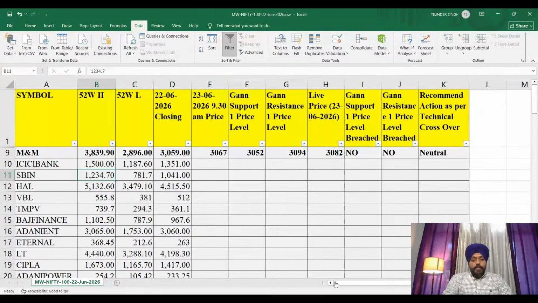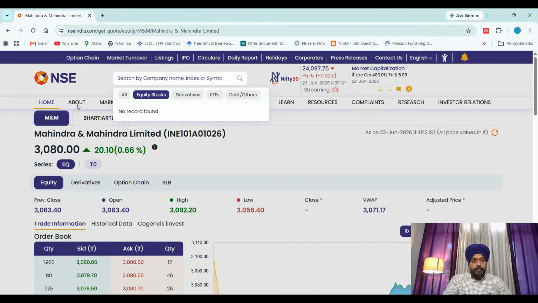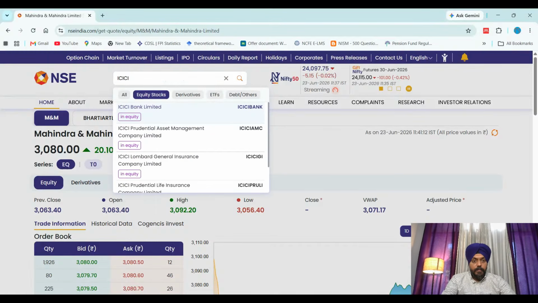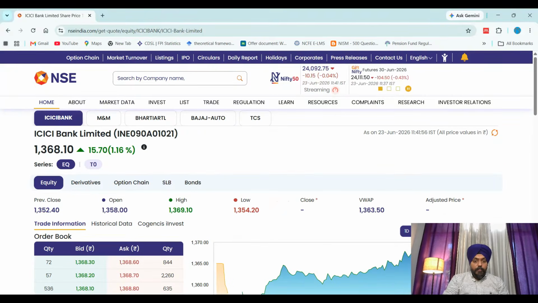Next stock is ICICI Bank. So let's do the same calculation for ICICI Bank here. Okay, so for ICICI Bank, I got the information.